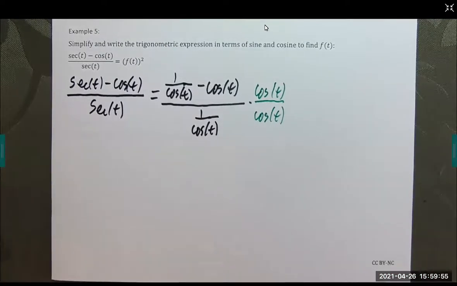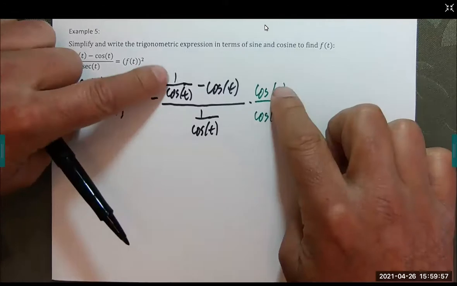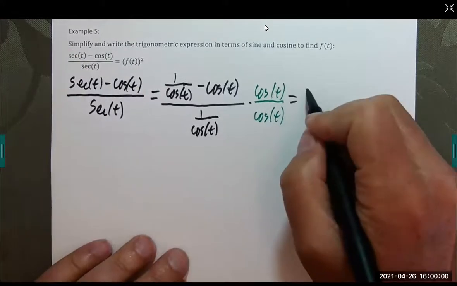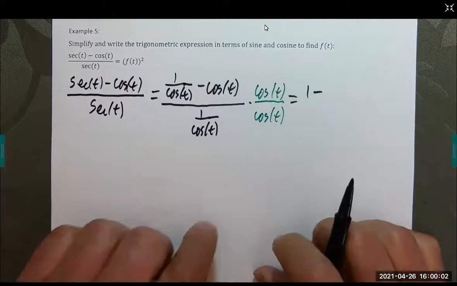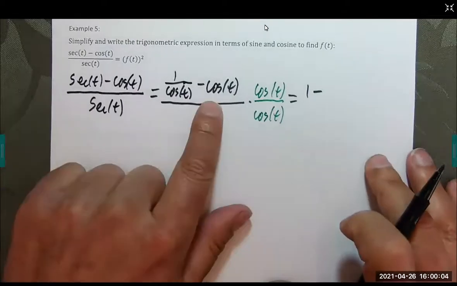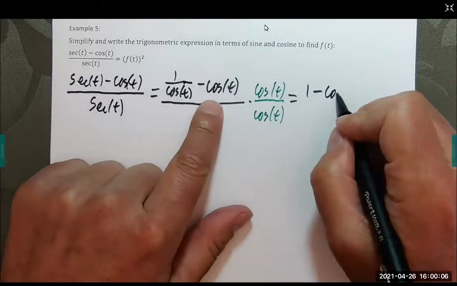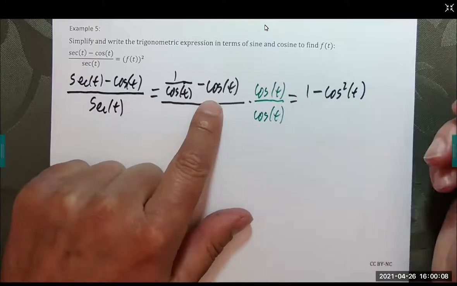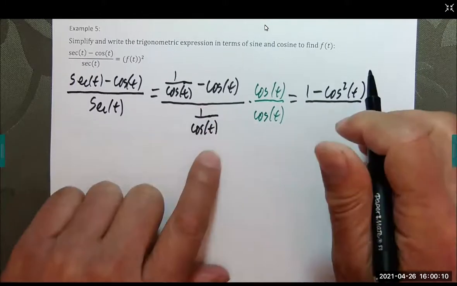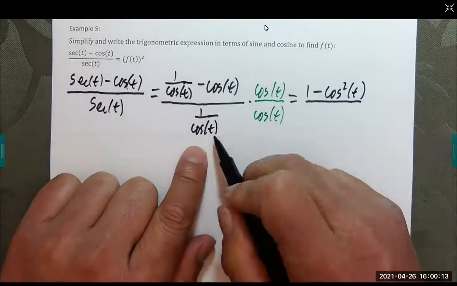And you can see cosine t times 1 over cosine t, that just turns into a 1. Cosine t times cosine t is cosine squared t. Down below, cosine t times 1 over cosine t is just 1.